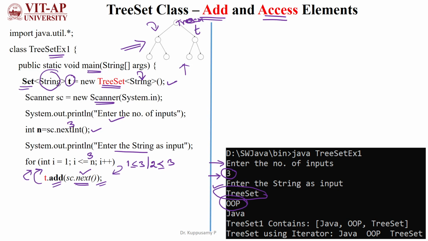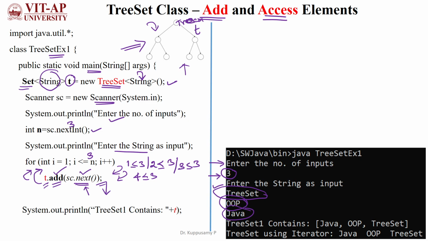Then again i is incremented, 3 is less than or equal to 3, which is true, so it goes inside the for loop again and receives the third input, java, which is added into the tree structure variable t. Now we increment the value of i, 4 is not less than or equal to 3, which is false, so it automatically comes out of the for loop.